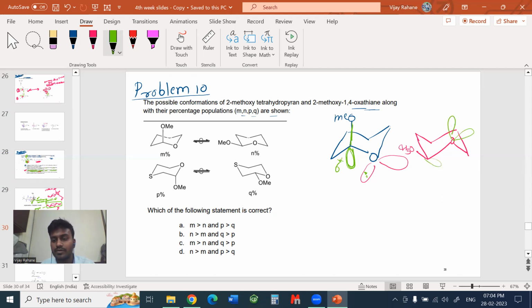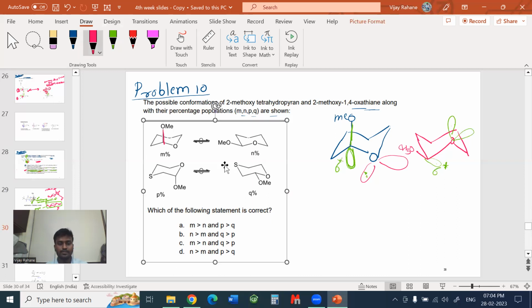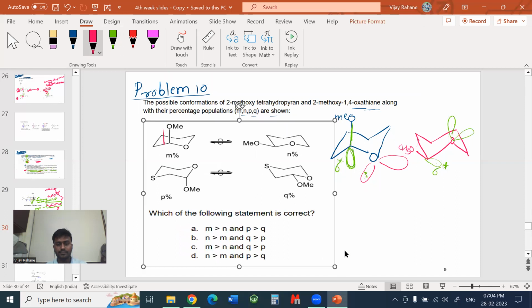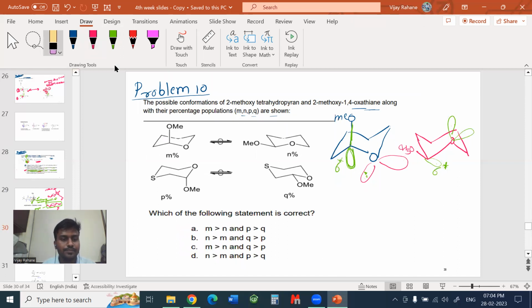This is not a lone pair, this one is a sigma star orbital. It doesn't have any such stabilization present. So here we can clearly see the anomeric stabilization present.